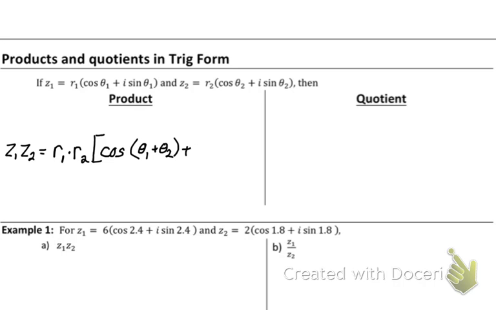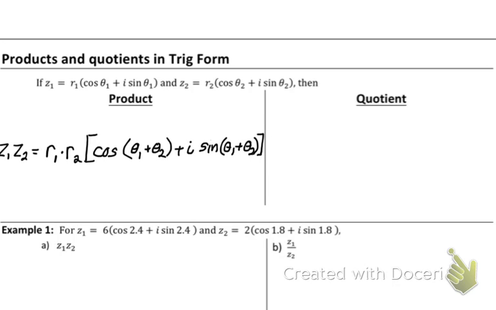So it's going to be plus I times sine of theta 1 plus theta 2. I ran out of room, but that is the end of that. I'm going to go ahead and shift this over a little bit. I might lose some of my z's, but you should already have those down.